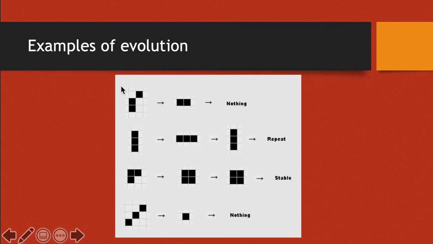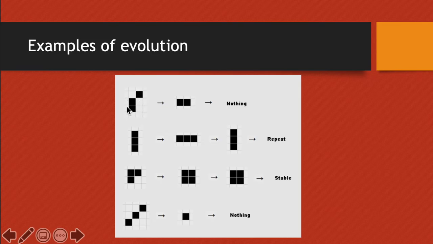As you can see, this is the first initial state, and let's see for this cell. In the 8 directions that we see, only one cell is present, which means that this cell will die because of underpopulation. For the second cell, there are exactly 2 cells present, so this cell will live on.